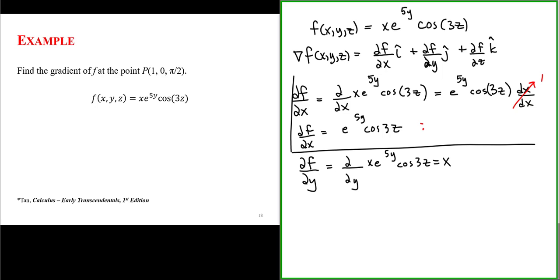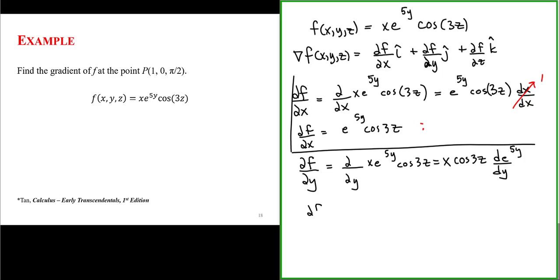This means that we can write x in front of the partial derivative operator. We can also write cosine of 3z outside the partial derivative operator, leaving us with the derivative with respect to y of e to the 5y.